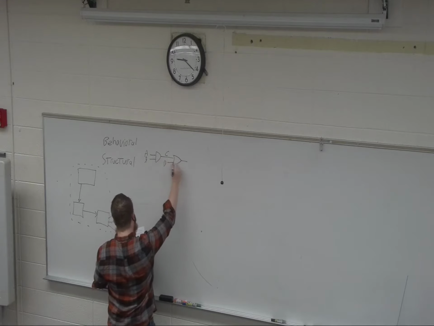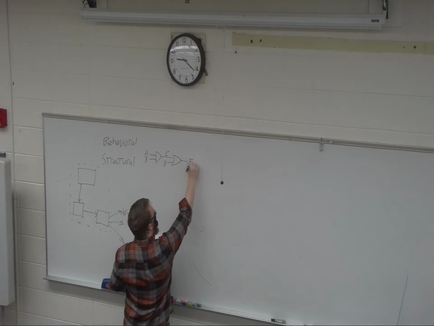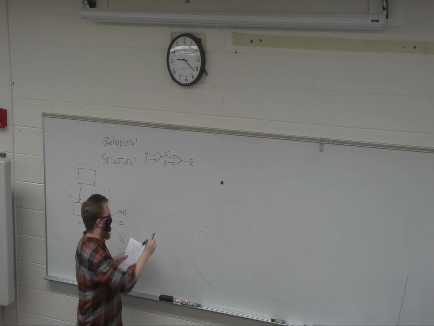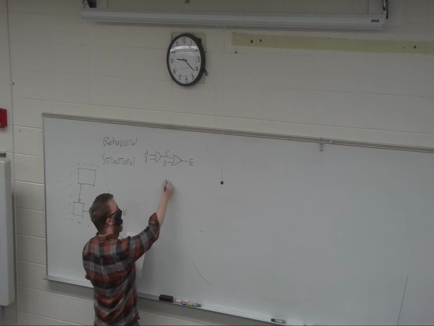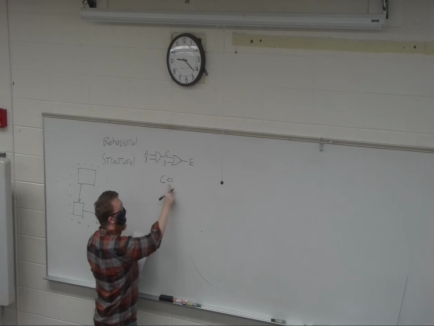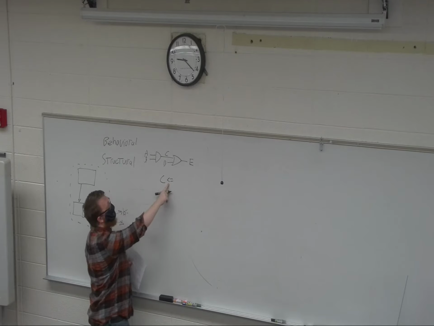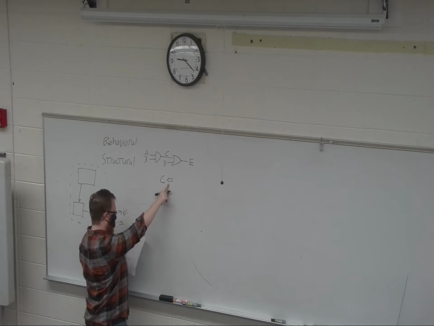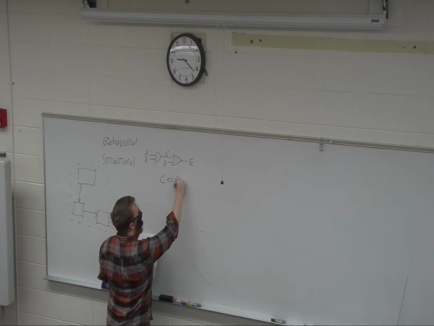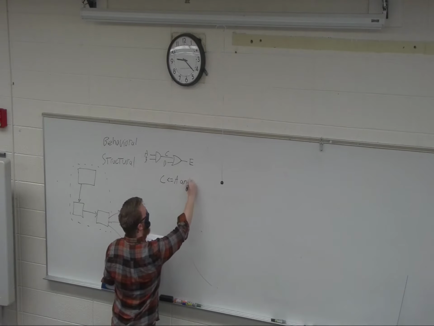Let's see, D and E. We're going to start with C, right? We're going to start with some assignment. We use this for the equal sign, and there's a reason for that, which we'll get to a bit. C is A and B.